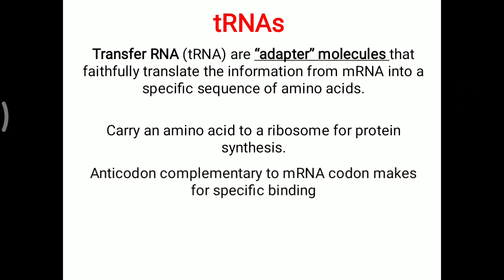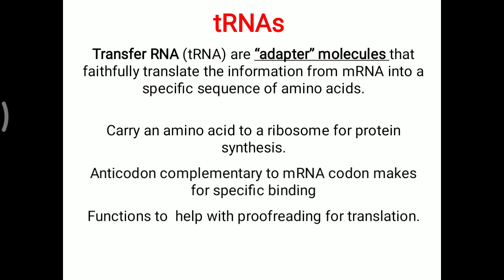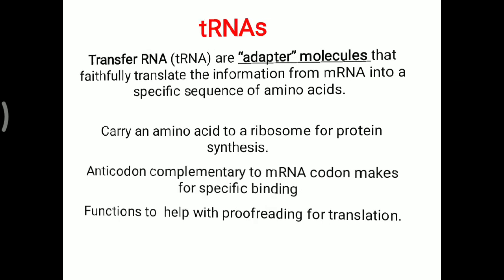The anticodon arm on the tRNA is complementary to the mRNA codon, which makes for specific binding. So that is the specificity of tRNA, through the anticodon side as well as by bringing a specific amino acid. Now the basic function of tRNA is to help with proofreading in the translation process. So one of the important molecules for translation is tRNA.